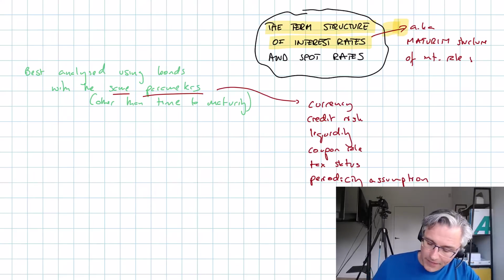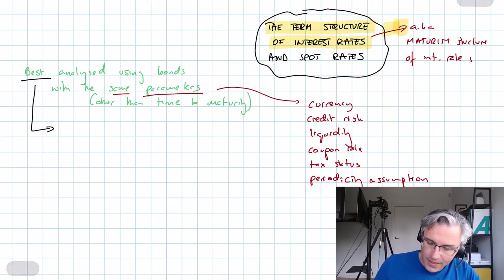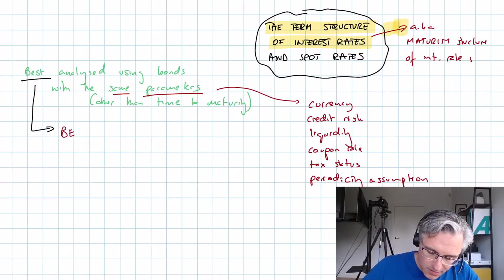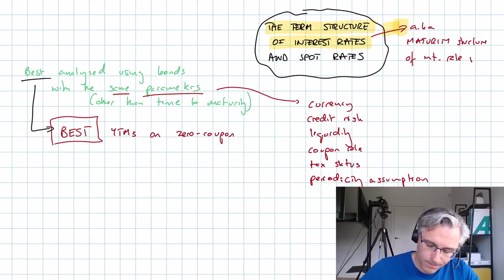We've done that. Now, I said it's best to analyze using bonds, but the absolute best thing you can use is yield to maturity, YTMs, on zero coupon bonds.